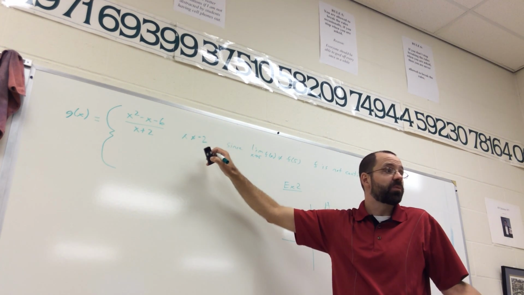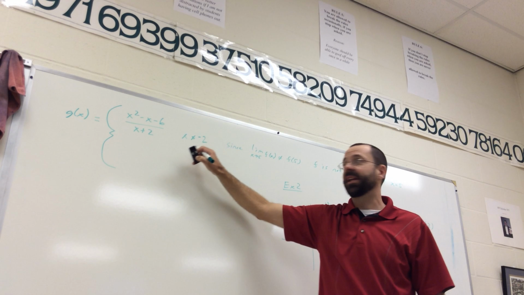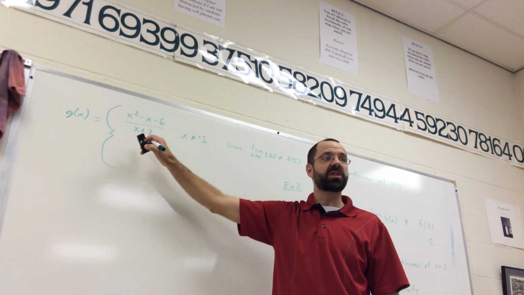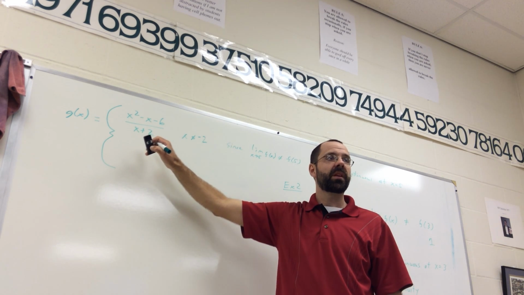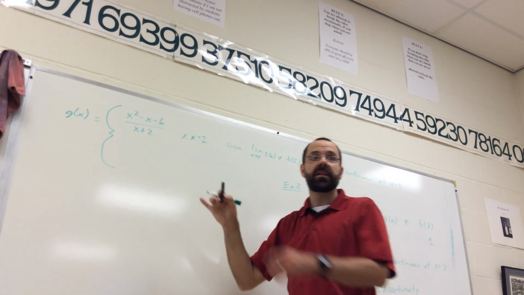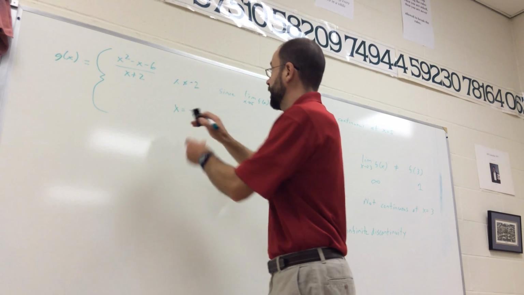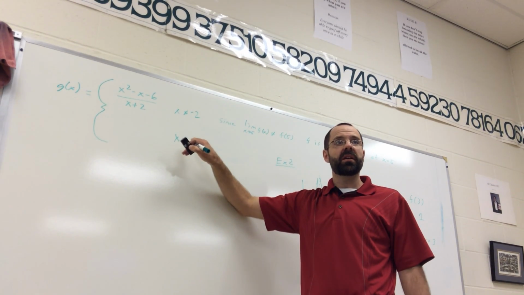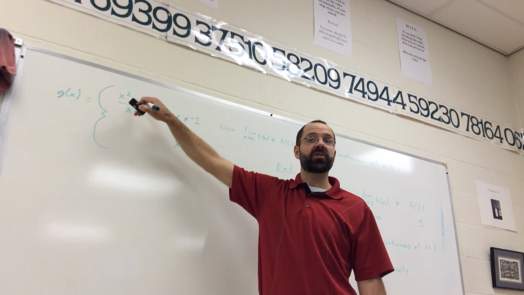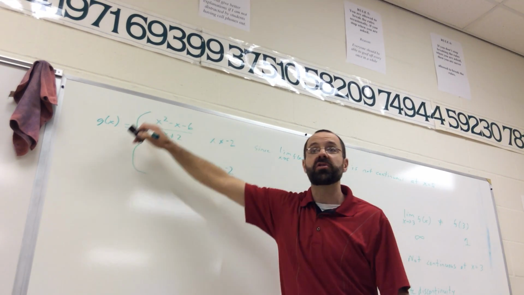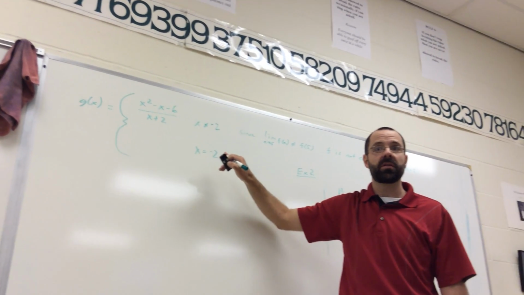Because the function was just fine as long as we weren't at negative 2. It was continuous. Okay, but I need something to happen at negative 2, right? Because I can't plug negative 2 into this function. So I need to make a new function that is continuous.